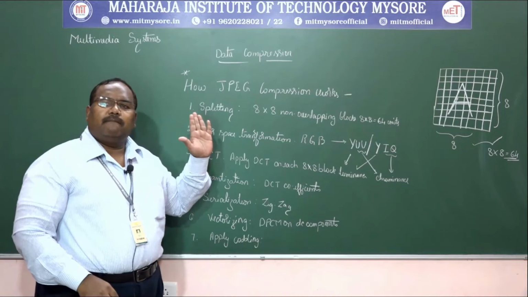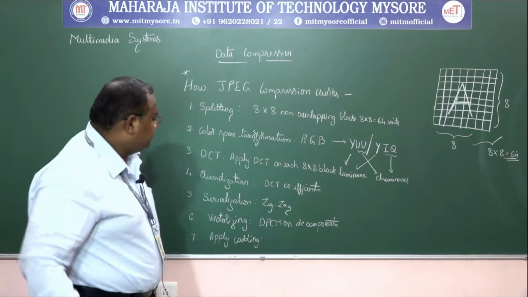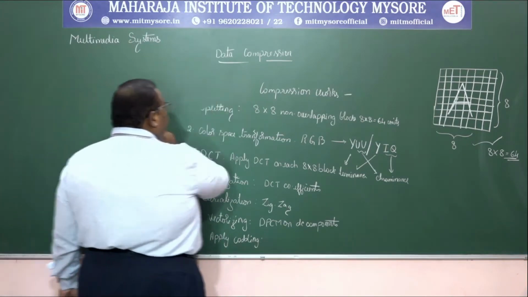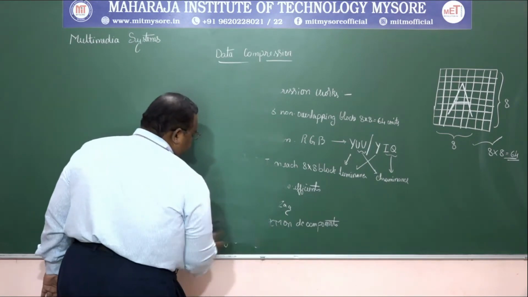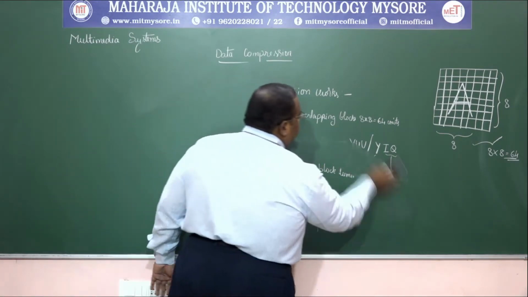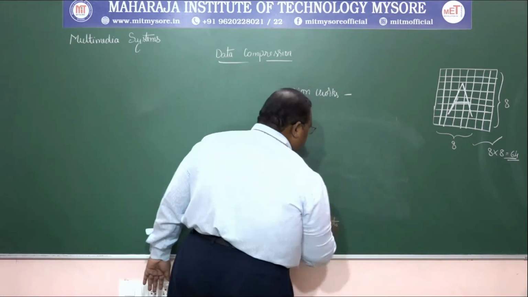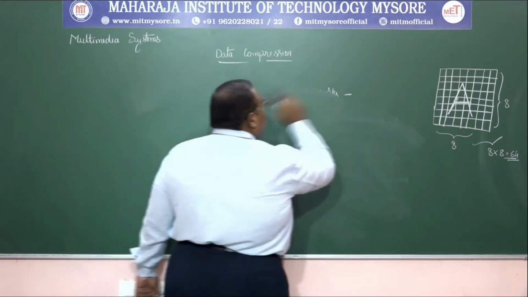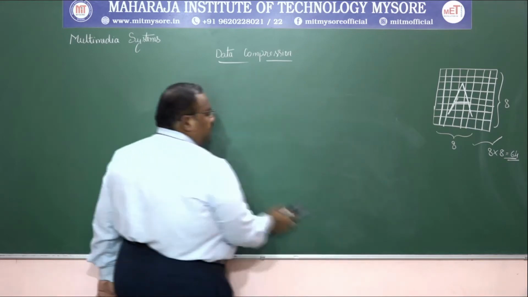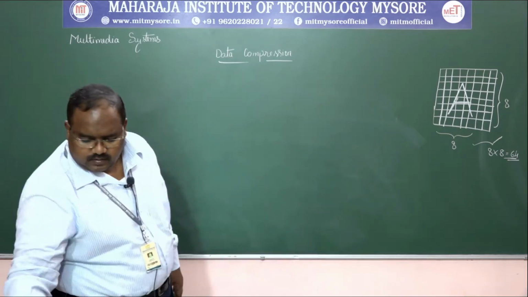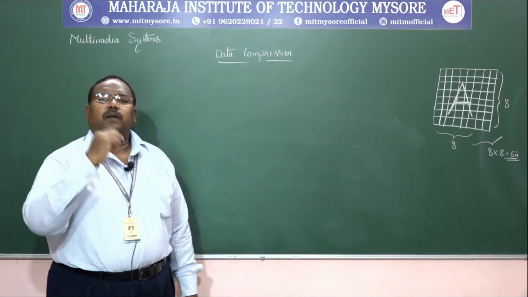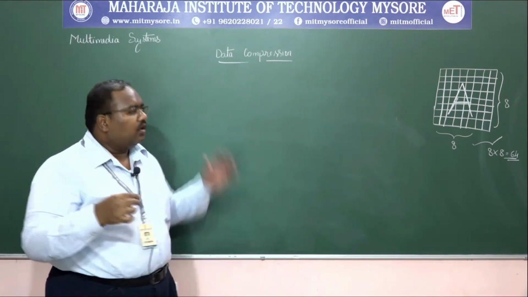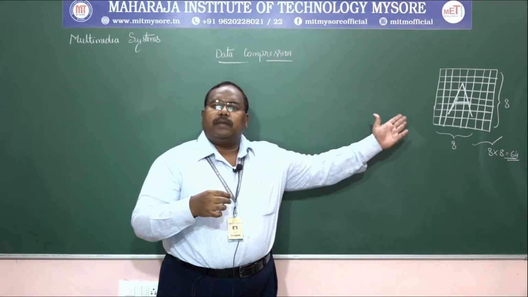Let us take an example and look into it. So what do we do initially? Initially we need to split the image into 8 cross 8 non-overlapping blocks.